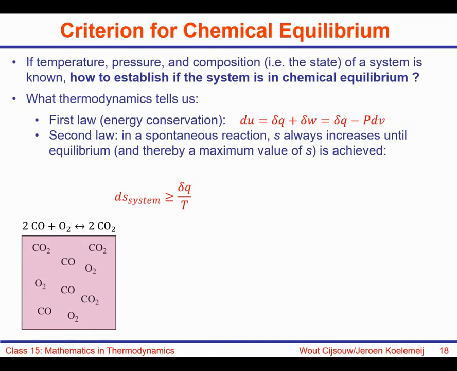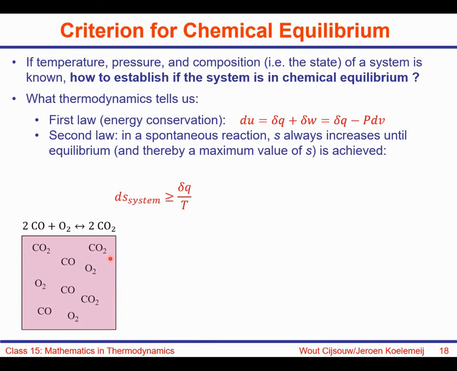For example, the Gibbs energy can help us answer the following question. Assuming that we have a system of which we know the temperature, the pressure, the composition, so basically we know the thermodynamic state of that system, how to establish if the system is in chemical equilibrium. For example, we could be looking at some sort of reaction chamber. It's a closed system.